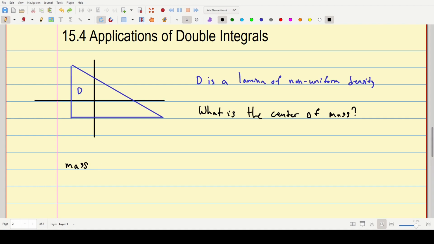The mass m is going to be given as the integral over D of the density function.